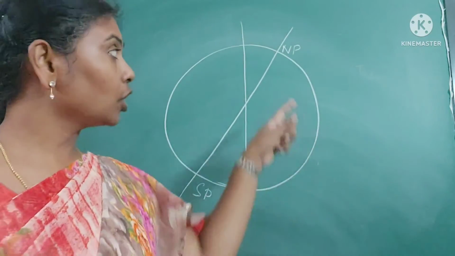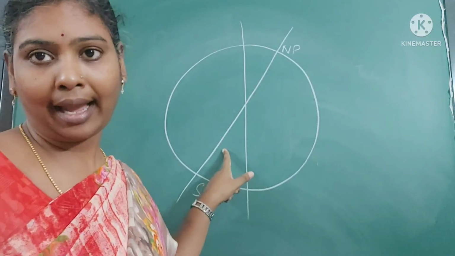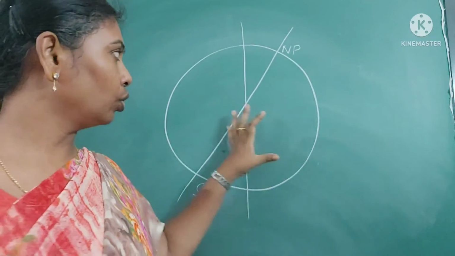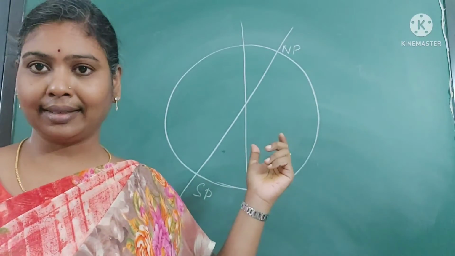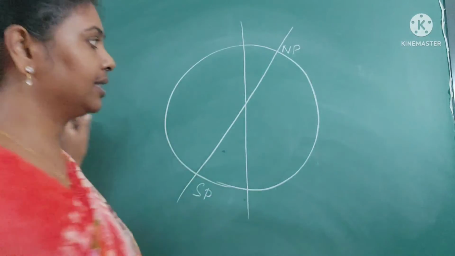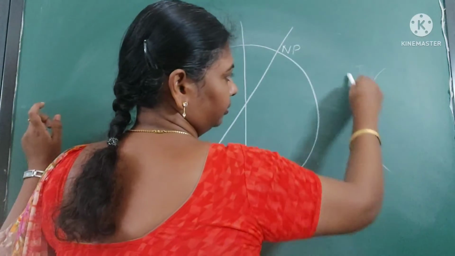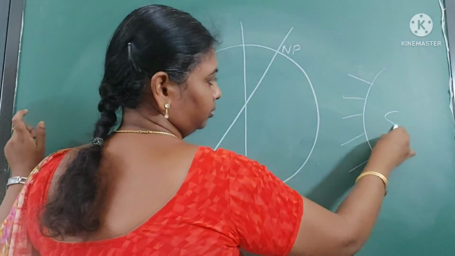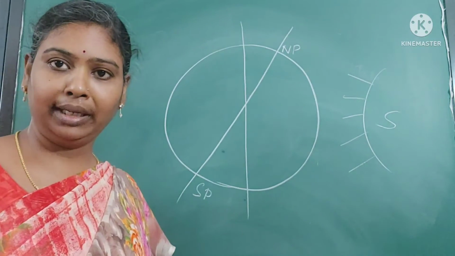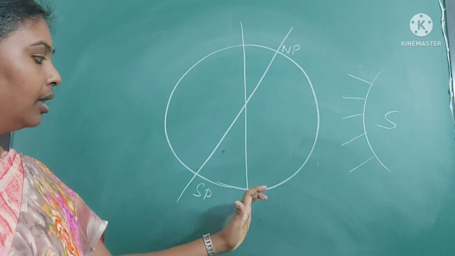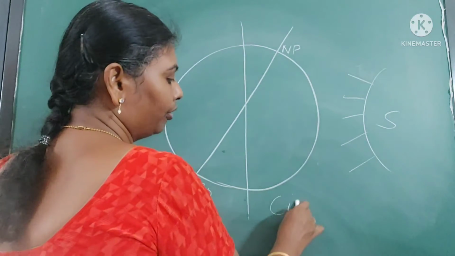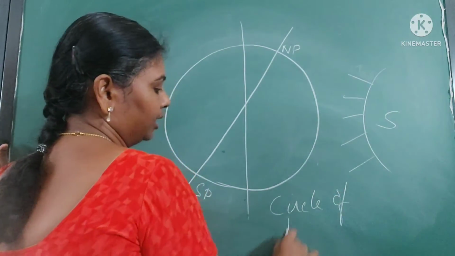The Earth rotates on its own axis, and it takes about 24 hours to rotate on its own axis. So this line, which is demarcating the sun, is known as the circle of illumination.